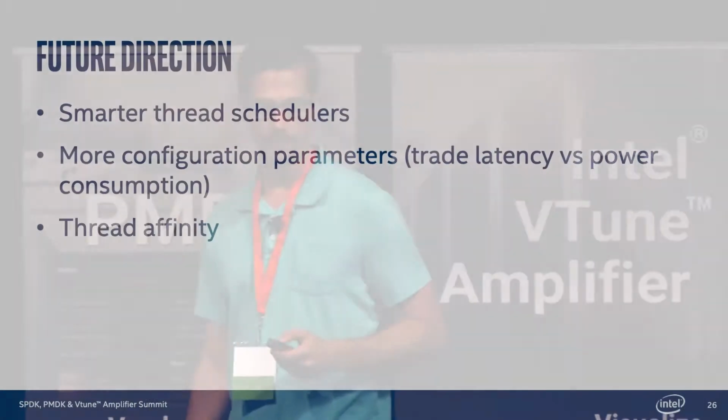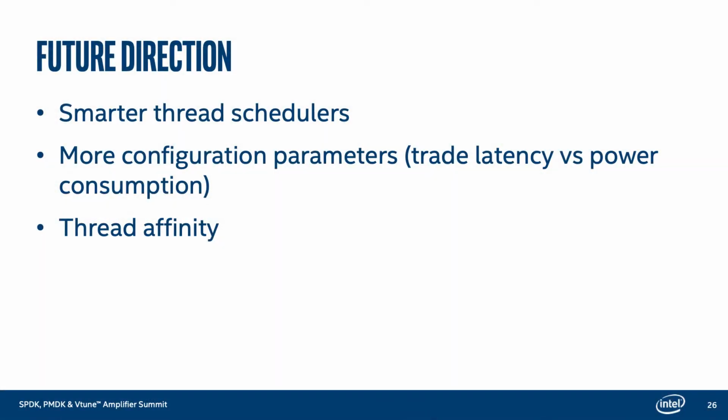OK, and then I'll end on some future direction before questions. We would like to do a lot more with smarter thread schedulers. The one that's implemented in 19.01 is round robin. It's not rebalancing particularly well. We'll continue to work there.